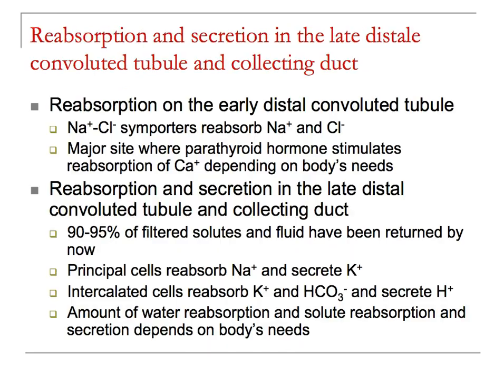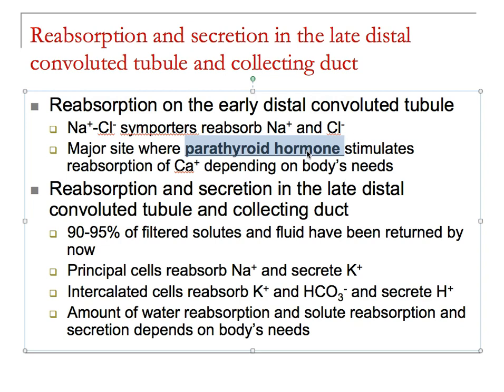How do we actually now begin to regulate this? Because the late distal convoluted tubule and collecting duct, where reabsorption on early distal convoluted tubule will be sodium and chloride. This is the major site where parathyroid hormone stimulates calcium reabsorption.